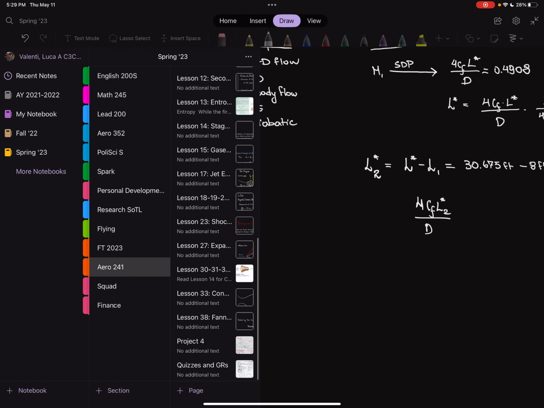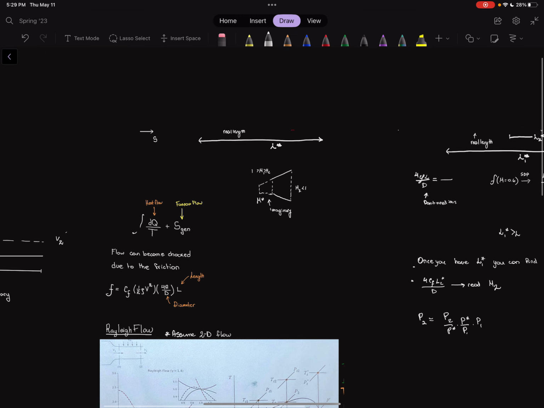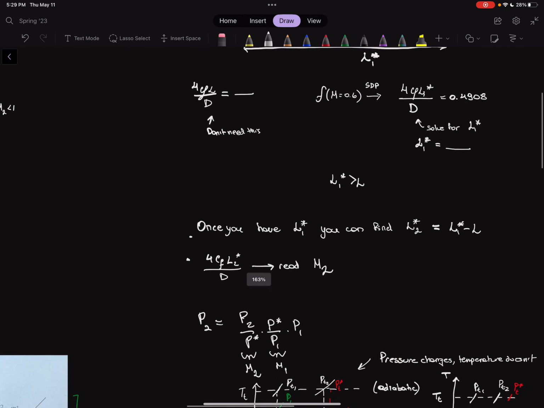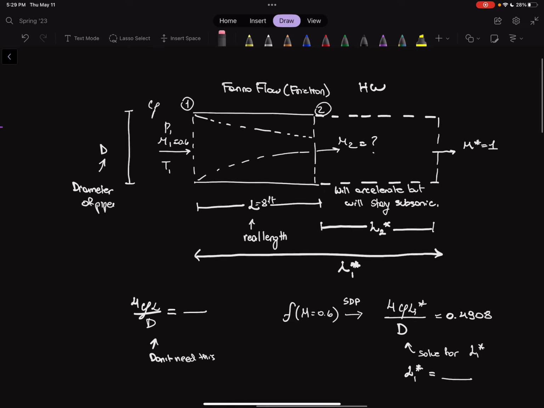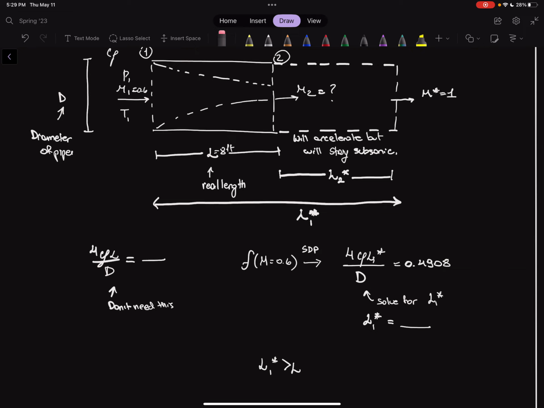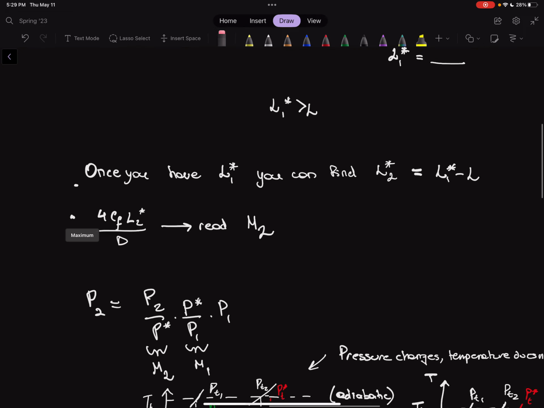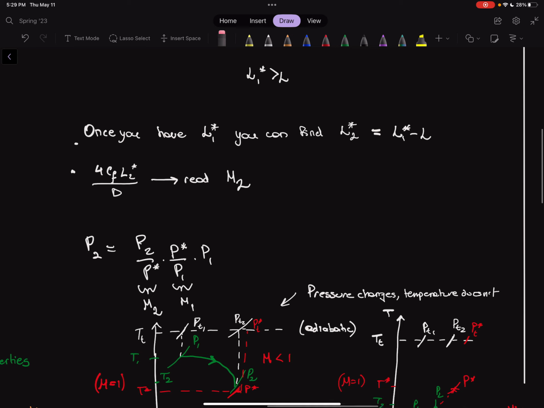So we're going to go to lesson 38. And they said that, so we found this. We solved for L1 star, which is this one right here, the big L. Then we find L2, which leads to, that's where we are right now, which leads to M2.